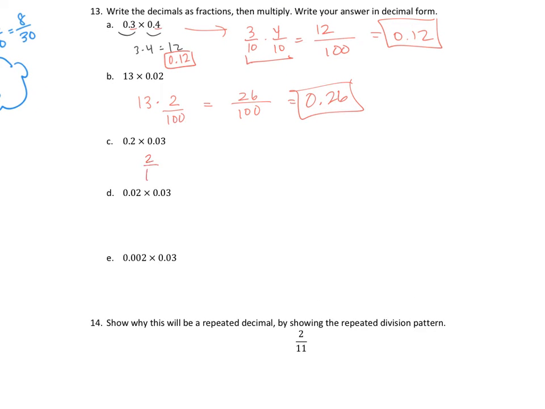So we have 2/10 times 3/100ths, so that would be 6 thousandths, which is 0.006. So you can see the 3 decimal places. And again, let's see, this time though, it's hundredths times hundredths. And so we're going to have 6, but this time it's 10 thousandths, so we get 1 extra decimal place in there.